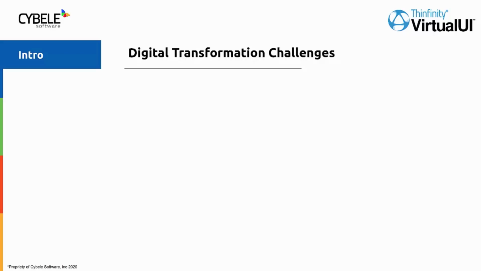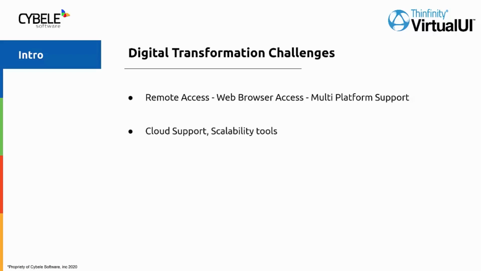But digital transformation has brought with it new challenges that a desktop application cannot meet in its current state. Supporting remote access and browser-based access, and basically access from any device at any time, has become a necessity for most organizations. Also, if you want to go for a cloud adoption approach, you need scalability tools that allow you to scale your user count up and down according to your business needs.